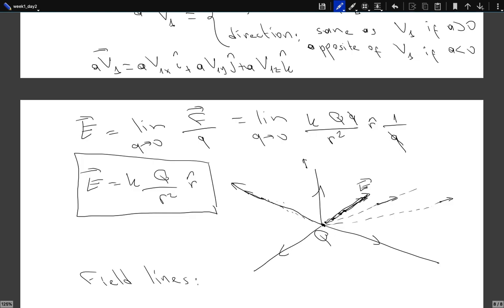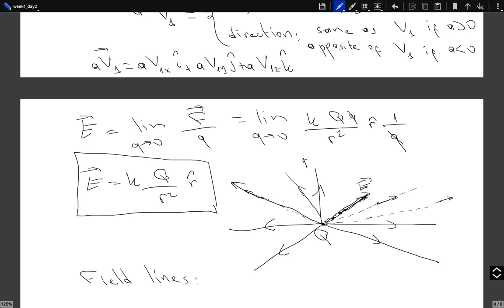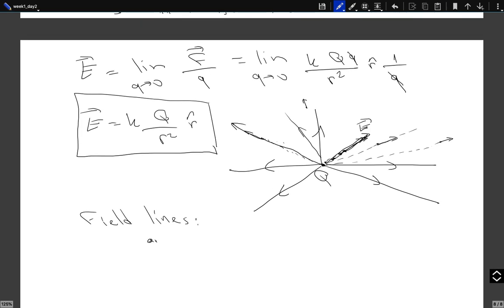You can draw as many electric field lines as you like. They are always tangent to the electric field.